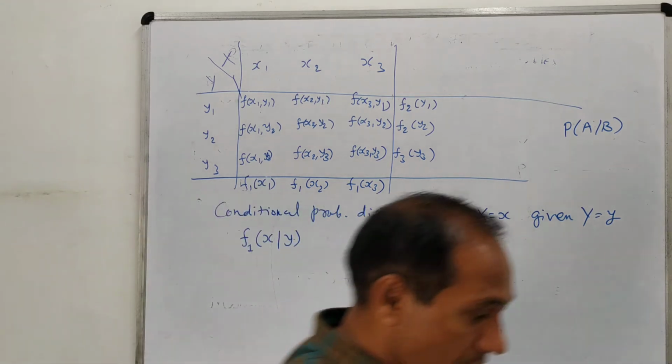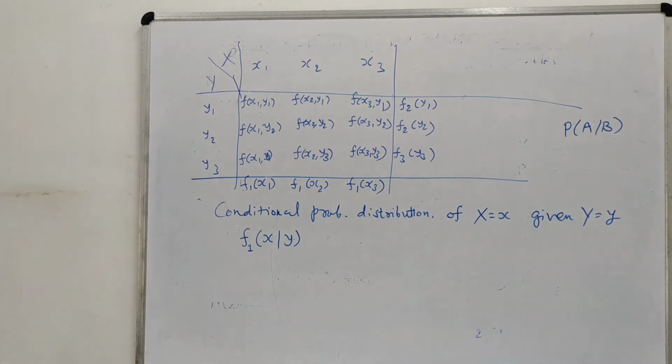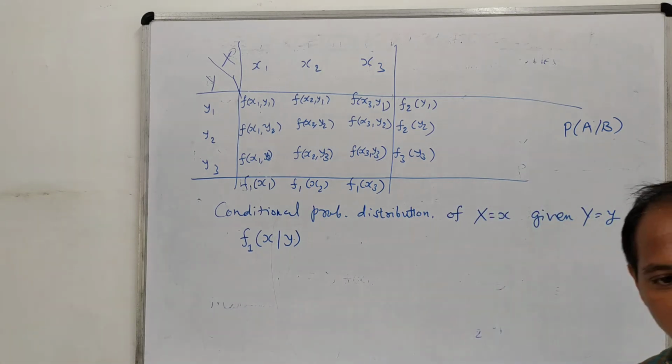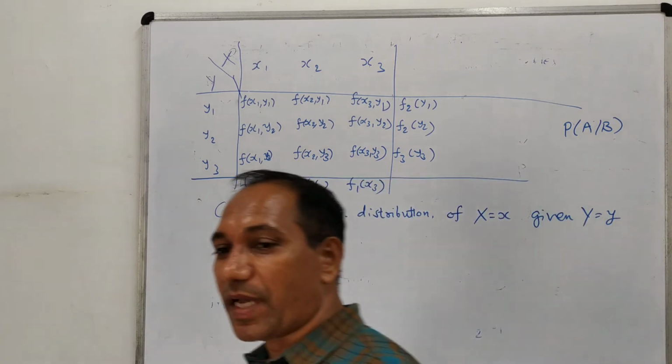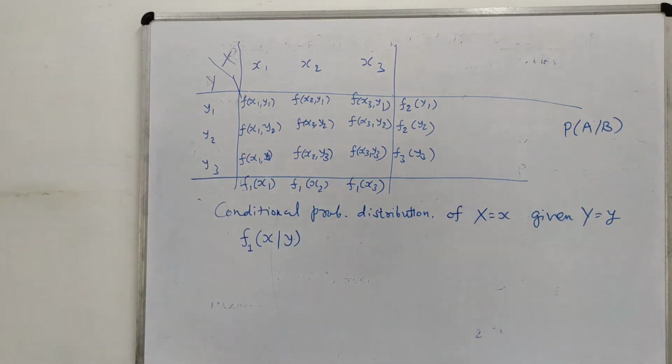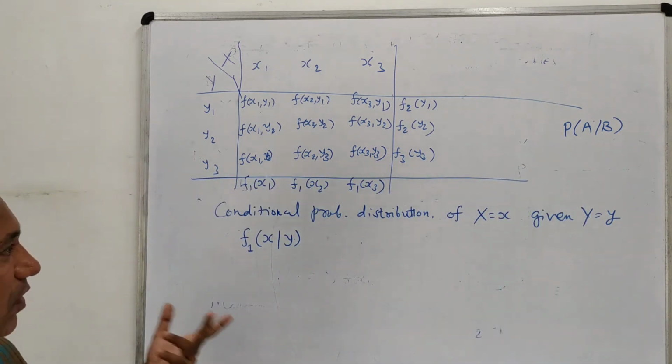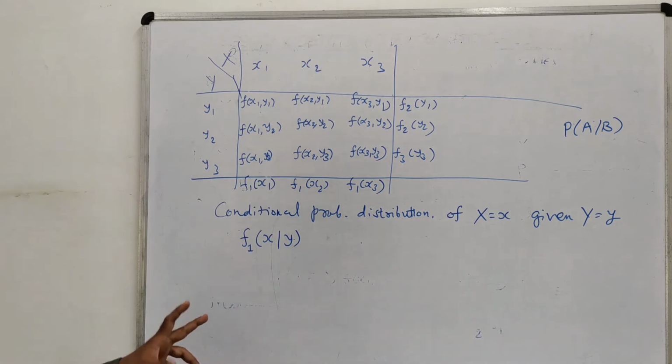As I told you, the probabilities corresponding to X we denote by F1, and the probabilities based on Y we denote by F2.